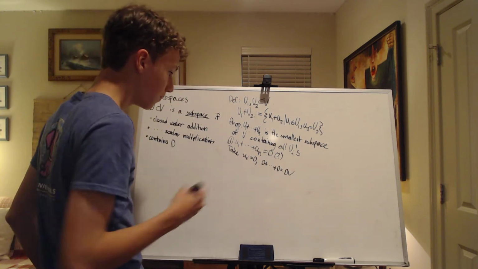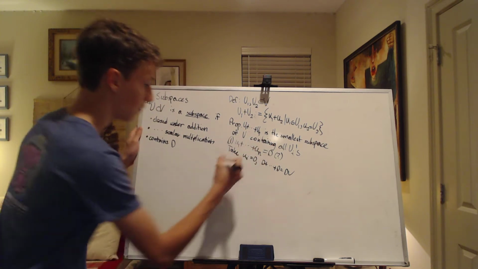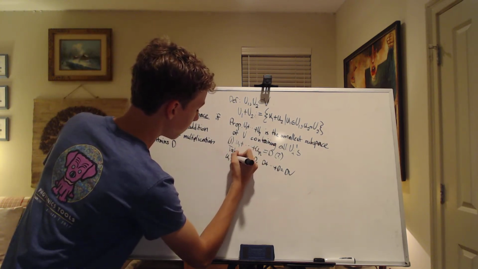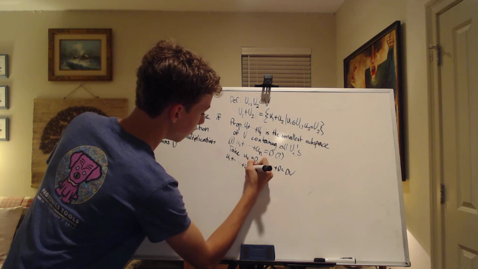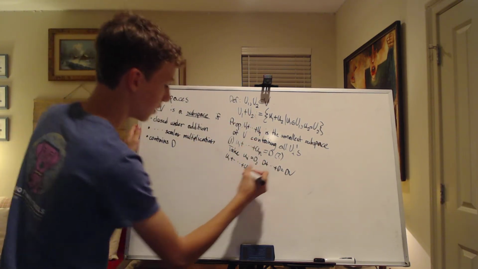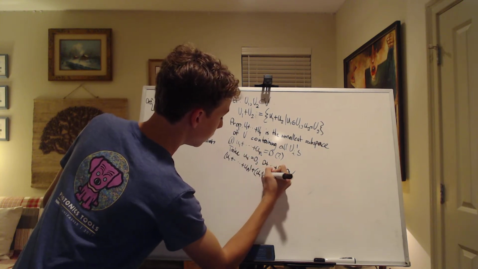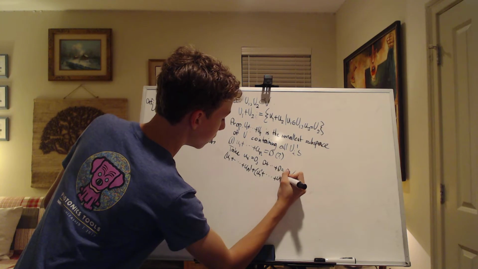Additive closure, just as easy. If we take U1 through UN, U1 plus dot dot dot UN, that's a member of the subspace S, plus U1 prime all the way to UN prime.